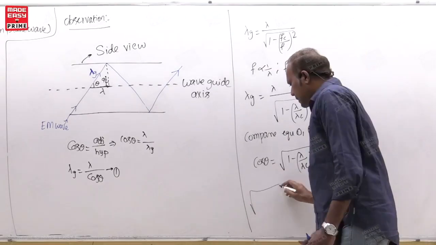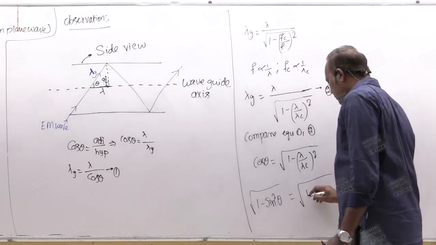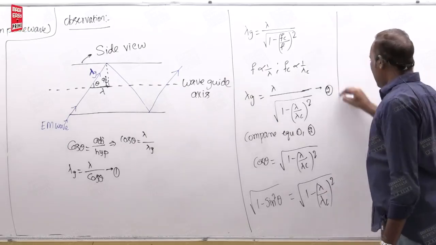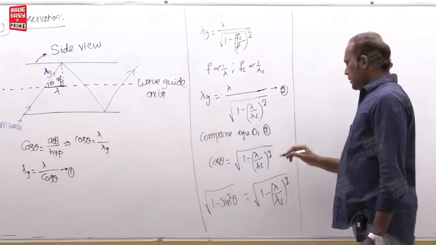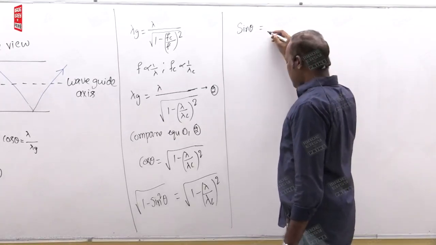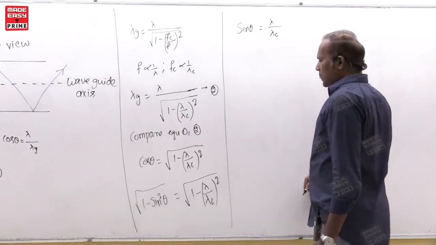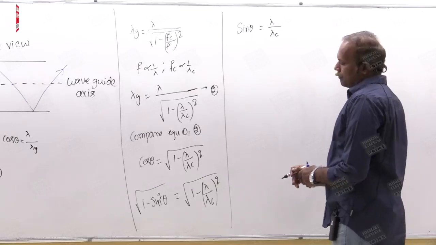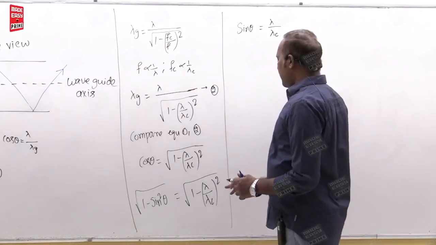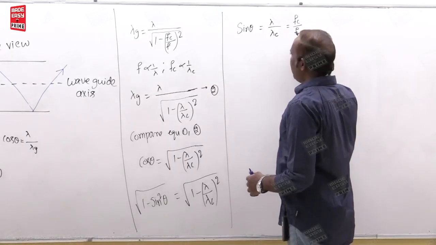Now cos theta is written as root of 1 minus sin square theta. You compare both sides. After comparing, sin theta is lambda by lambda c.